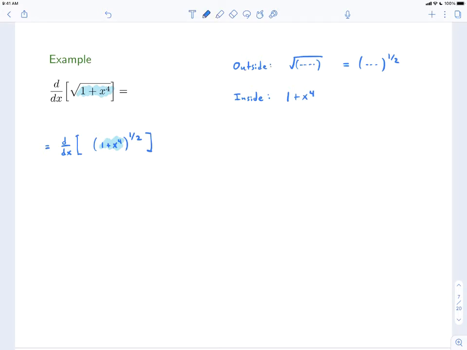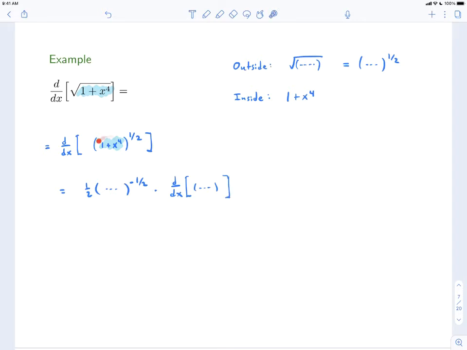So this is going to be the derivative of the outside times the derivative of the inside. The outside function is something raised to the 1/2. So if you differentiate that, it's going to be 1/2 times that thing raised to the minus 1/2. And we're going to multiply that by the derivative with respect to x of whatever was inside there.